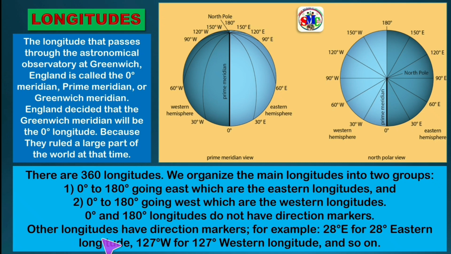Other longitudes have direction markers except 0 degree and 180 degree longitudes. For example, 28 degree E for 28 degree eastern longitude, 120 degree W for 120 degree western longitude, and so on.